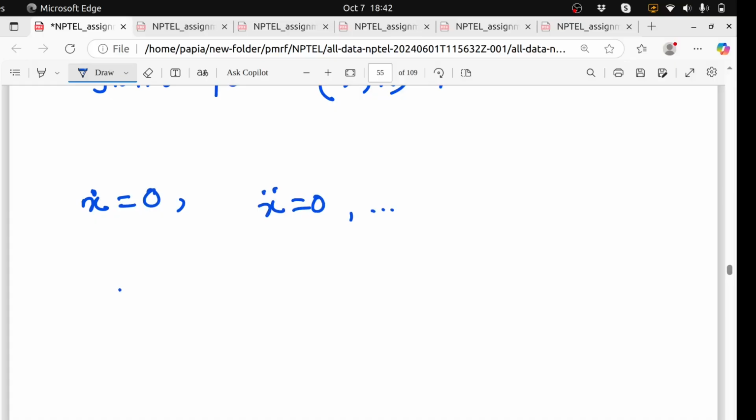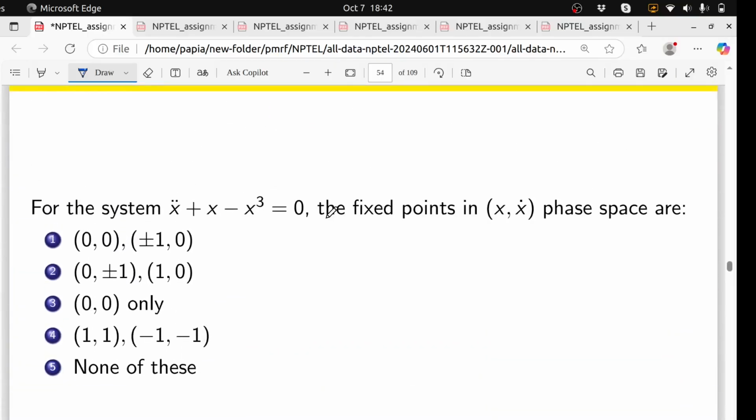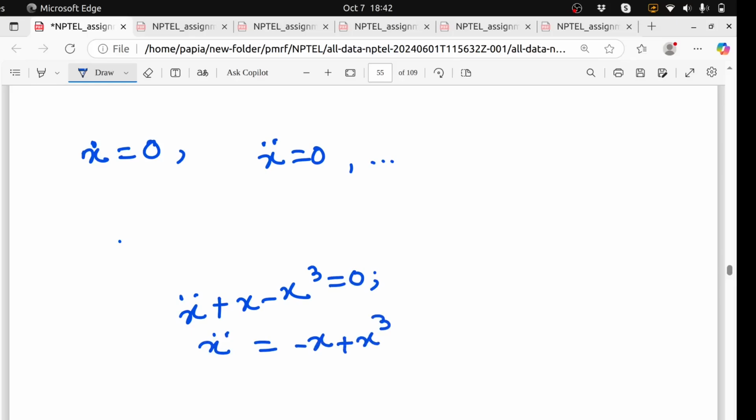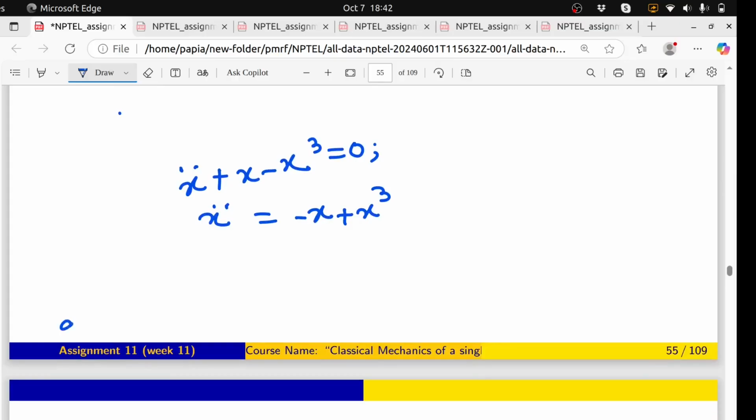So if I see the equation x double dot plus x minus x cube, now I can definitely write it like this at the fixed point.